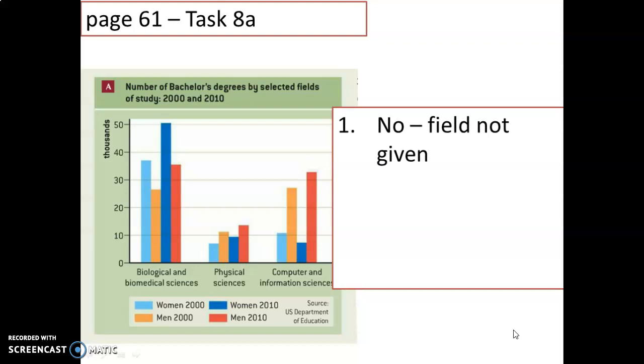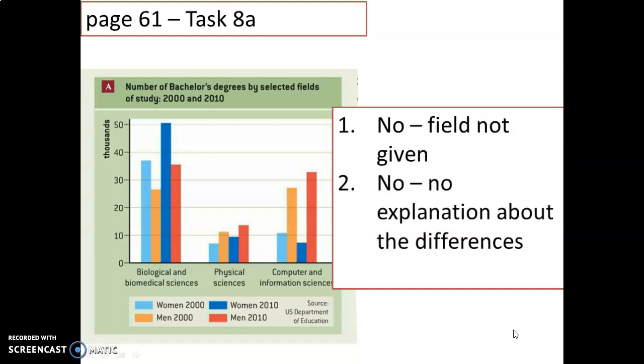The second one is the reason for the differences between the number of men and women who graduated in some science subjects. We can see the difference, but there are no reasons described or explained in this chart. So the answer again is no. The third one, the number of students, men and women, who obtained bachelor's degrees in some science subjects in 2000 and 2010.